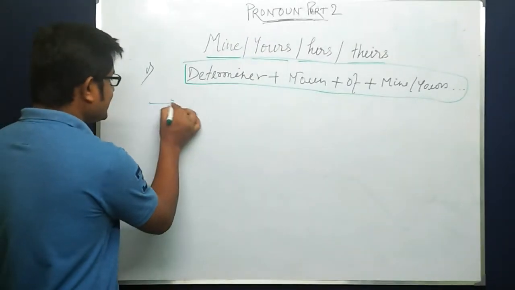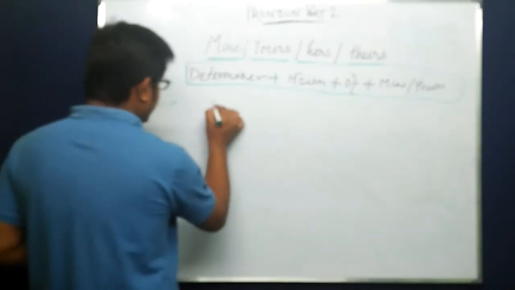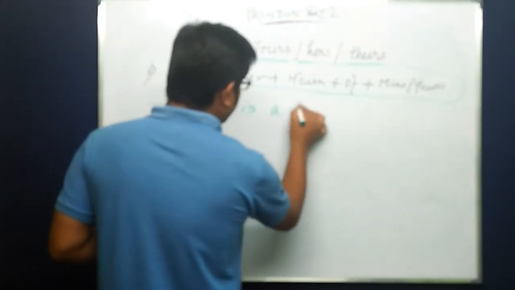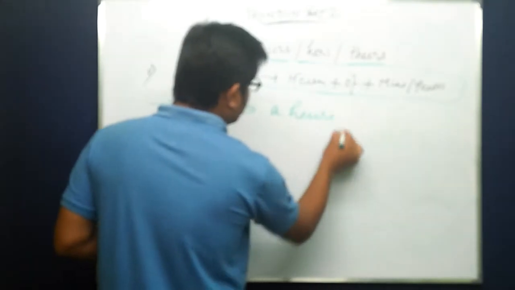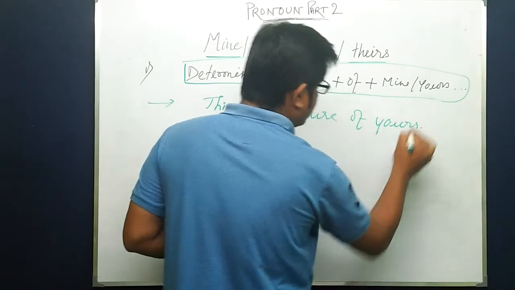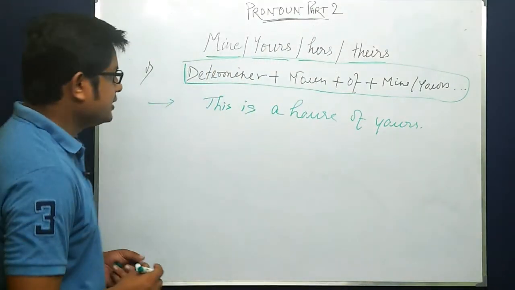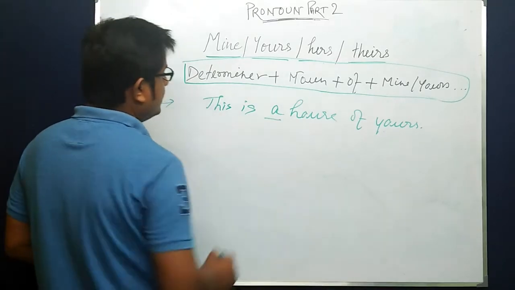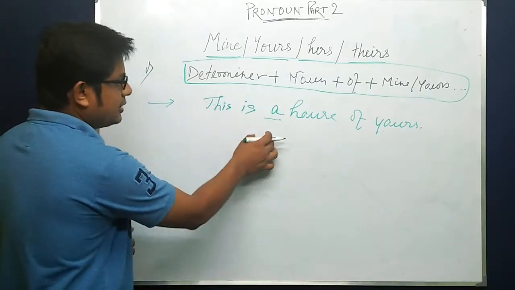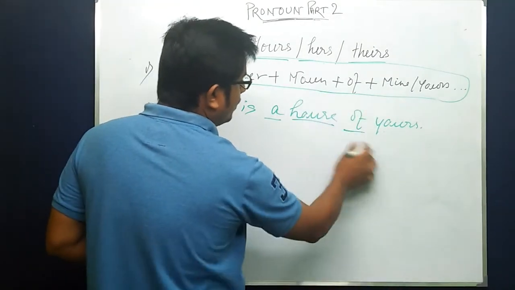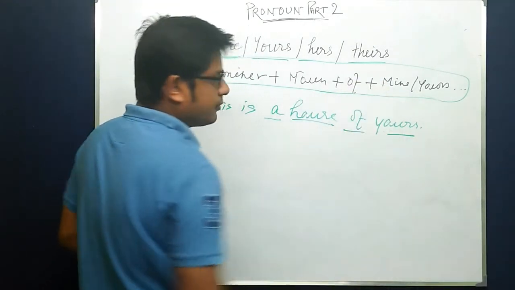Let me give you one sentence. Suppose you write, this is a house of yours. See, a is an article or determiner, then house, a noun, then of, then yours, this pronoun.